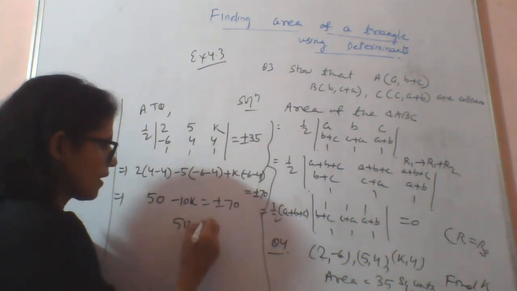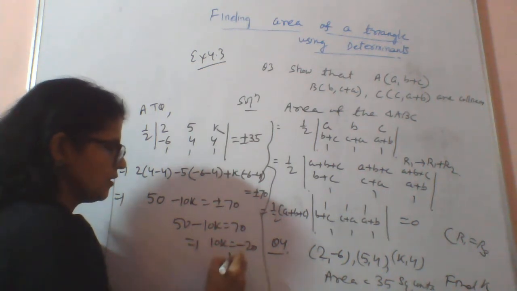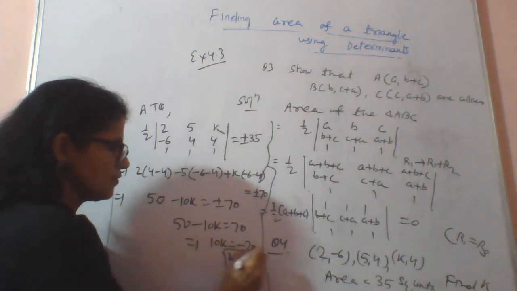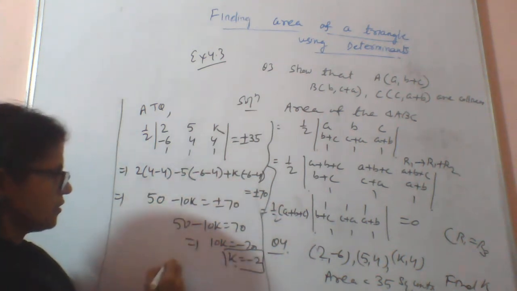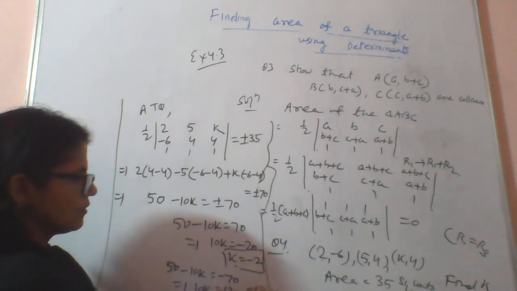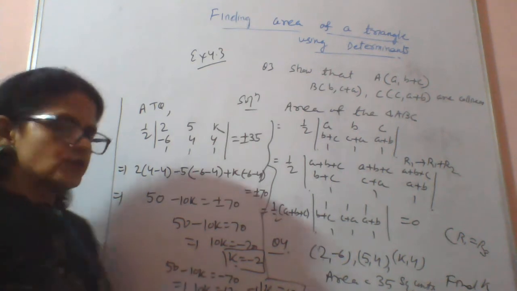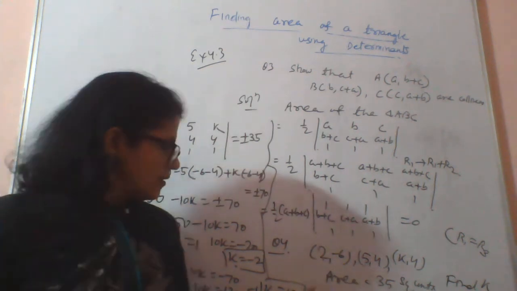For 50 minus 10k equal to 70, 10k equals minus 20, so k equals minus 2. The other case is 50 minus 10k equal to minus 70, so 10k is 120, so k equals 12. So you are getting k equal to minus 2 and k equal to 12.